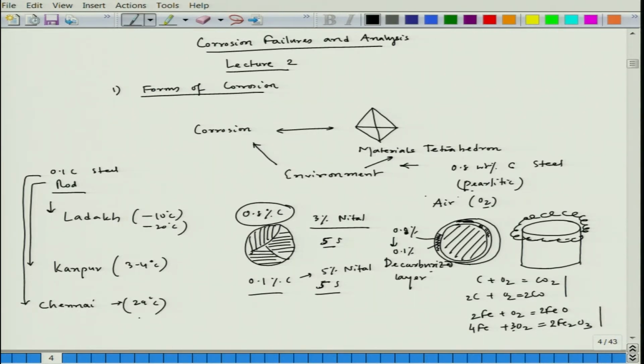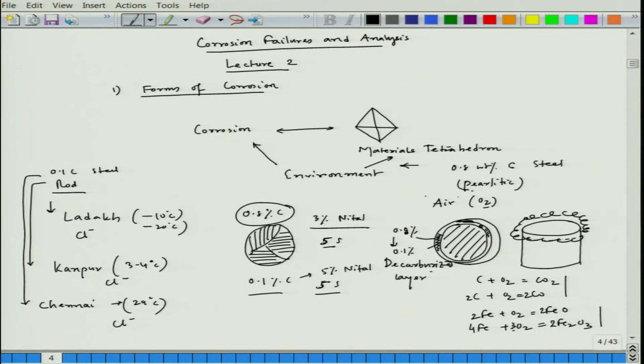In addition to that, in Ladakh, if we consider the chlorine percentage, the chloride content would be minimal, and in Kanpur there would be some chloride content in the environment, and in Chennai, of course, you will see a lot of chloride content. Why? Because it is a sea facing city. Okay.